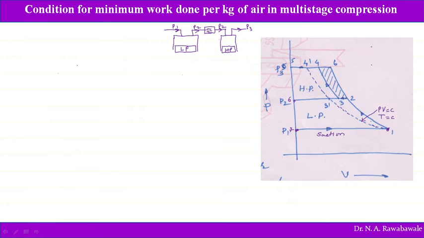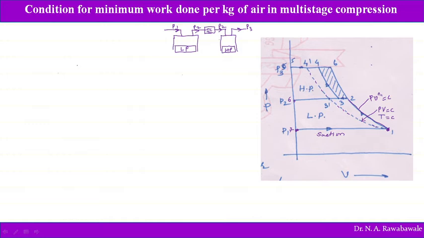So here the air taken into the low pressure cylinder is compressed from 1 to 2 by following the polytropic law PV raised to N1 is equal to constant.